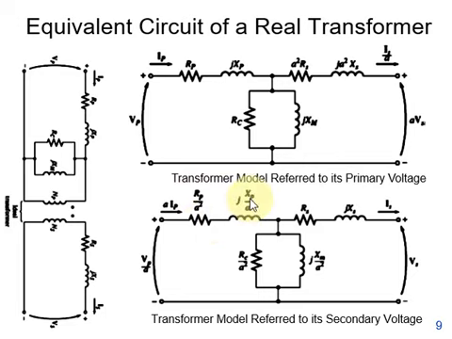In this case, the transformation ratio would not be a, it would be 1 over a. So its square would be 1 over a square. As we multiply by 1 over a square, it becomes Rp over a square and jXp over a square. So these are two transformer models, referred to the primary and secondary voltages.